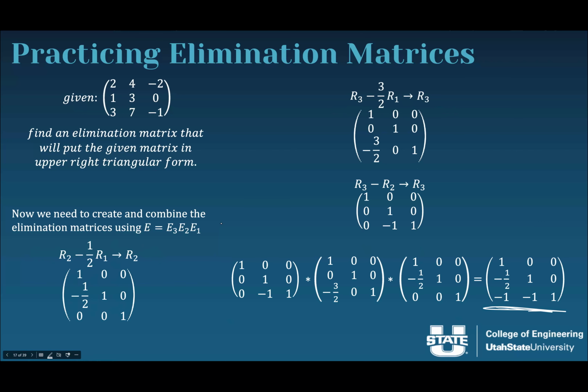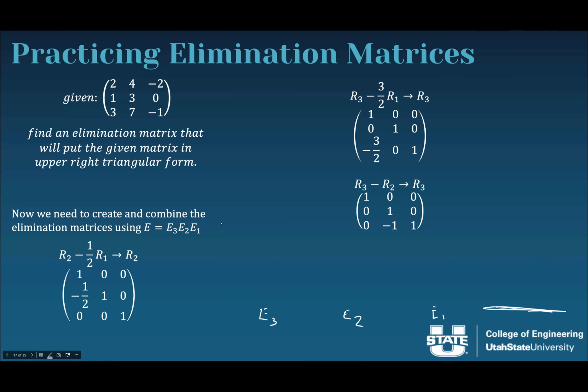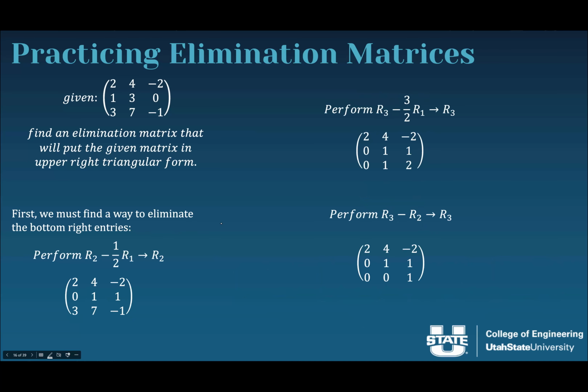You see that? So this is E1. This is E2. This is E3. Yeah, so this is the first thing we did. We outlined the 3 steps. So this is the first step.